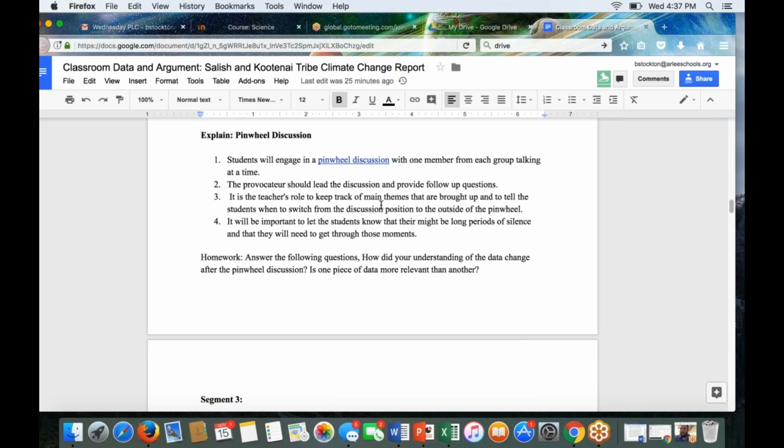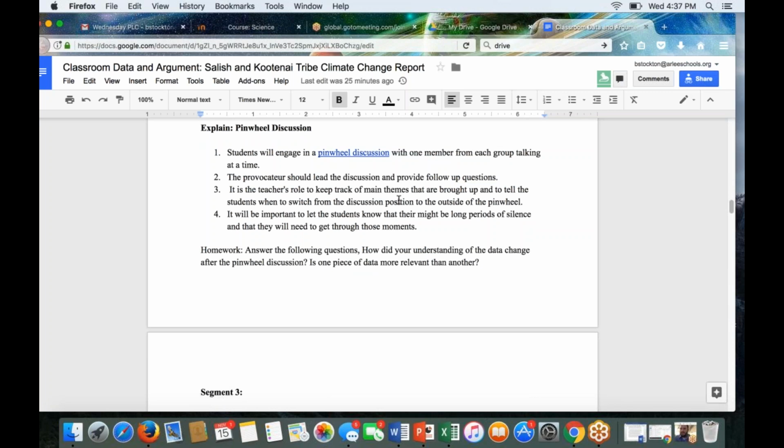The provocateur's role would be to ask some of the first questions. I provided some of those questions, and also the teacher helps, prior to the pinwheel discussion, lay out questions that they should be asking these different groups, so the whole class can see the difference between a state scientist and a tribal scientist, and a tribal council member and a tribal scientist, and so forth.